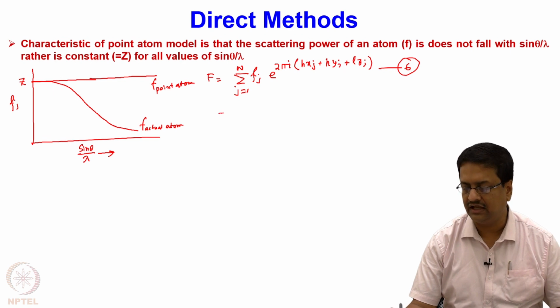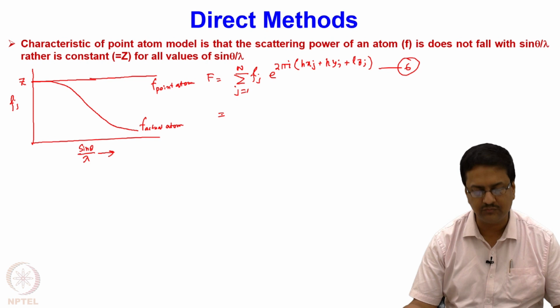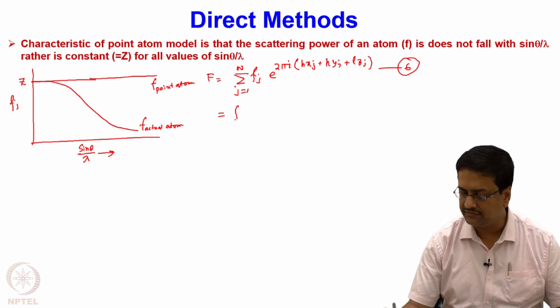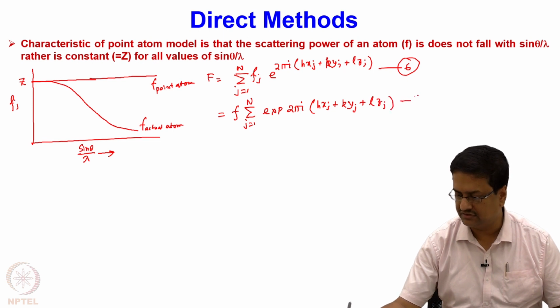Then if we assume that the structure consists of only one type of atom, the scattering factor f can be taken out of the summation and we can rewrite it as the sum over j equal to 1 to n of e to the power 2 pi i (h x_j plus k y_j plus l z_j), as equation number 7.